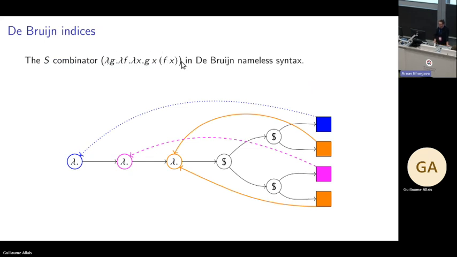And if you think of how this is going to execute, if you apply this function to an argument G, well, you might have a value for G already, but it's going to need to travel under F and under the binder for F and under the binder for X before it is used here in the middle. So your notion of value, it needs to be well behaved enough that you can actually open the binders, enter a bigger context, and your value is still valid in a sense.